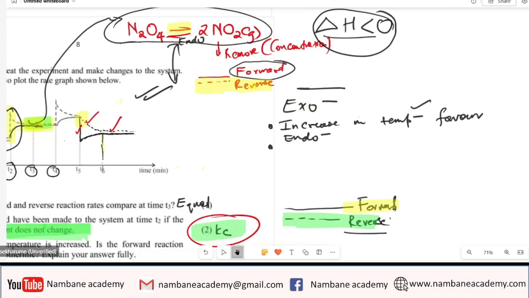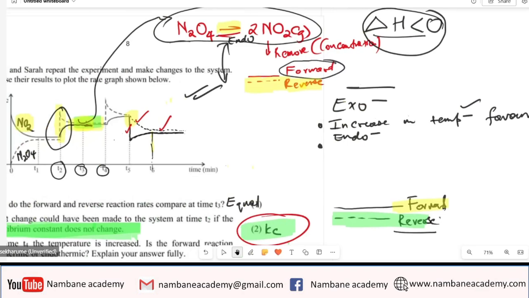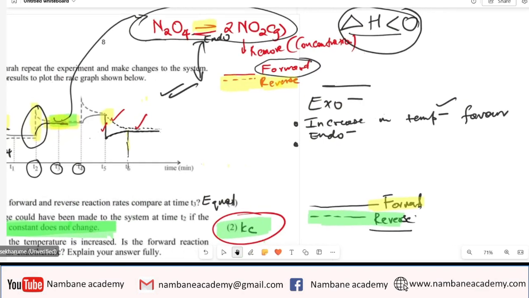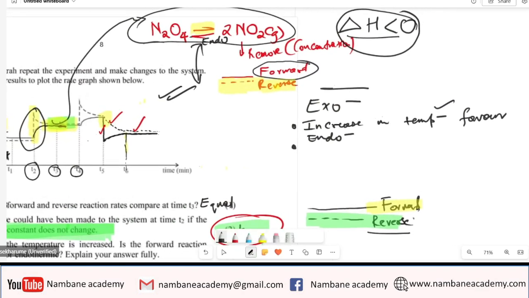So then now, which endo is it, forward or the reverse? It is the reverse. So you're going to say the reverse reaction is endo. Now, which side will be favored?